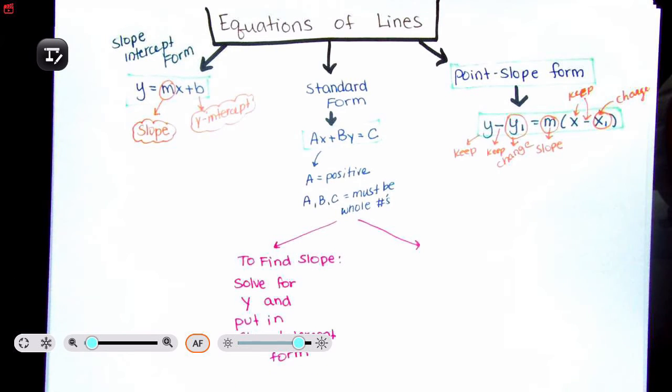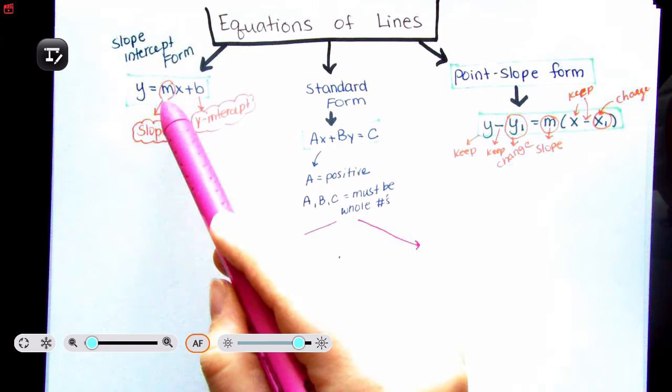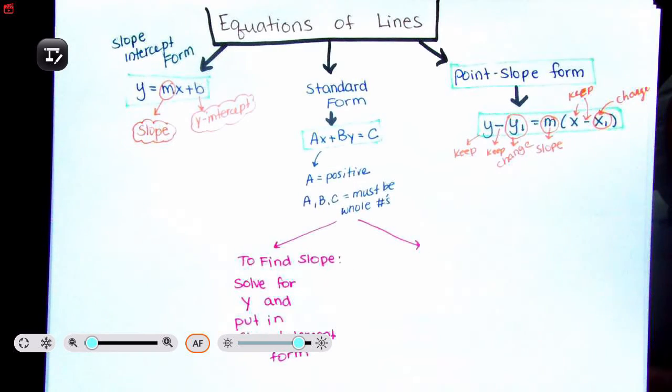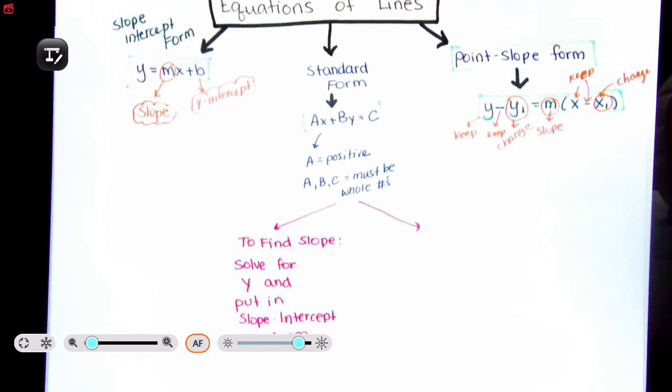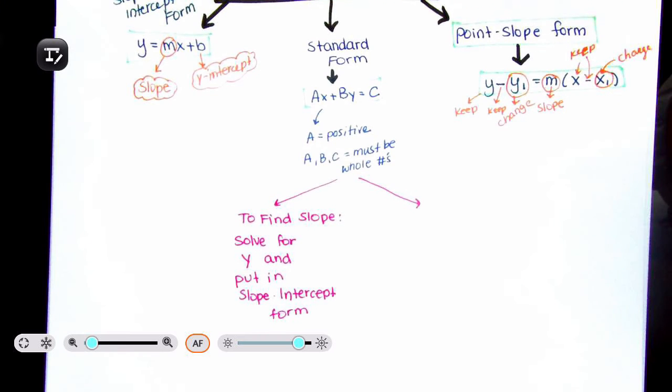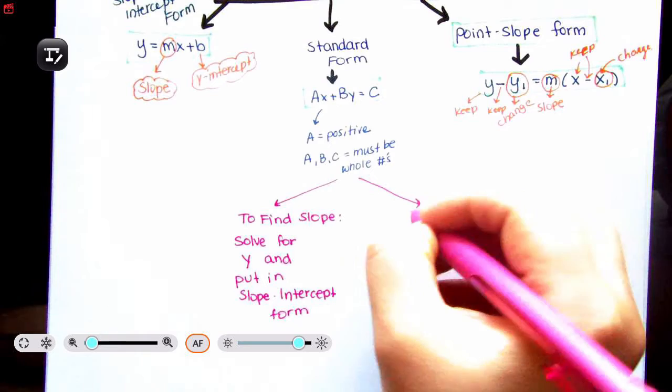So you can rearrange things, get y by itself, put it in your slope intercept form, therefore you have slope. That's option number one. Option number two is to use the slope formula for standard form.